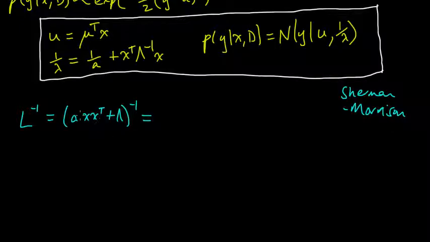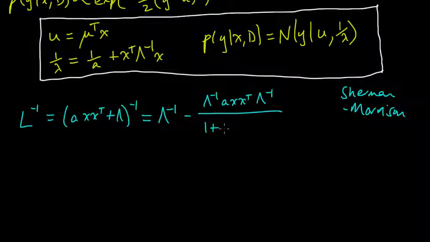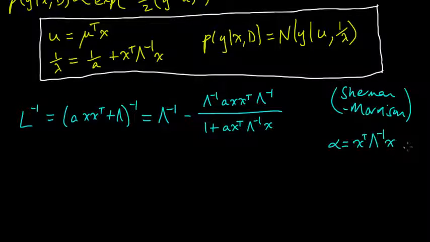It's called a rank 1 update formula. So this equals the inverse of lambda minus lambda inverse A x x transpose lambda inverse, divided by 1 plus A x transpose lambda inverse x. That's by the Sherman-Morrison theorem. And this is what I wanted to define as alpha: x transpose lambda inverse x.